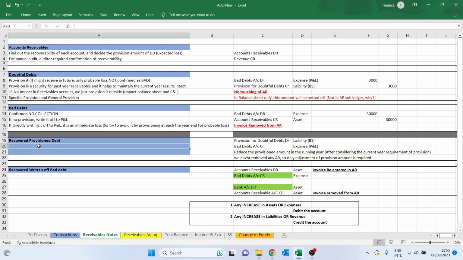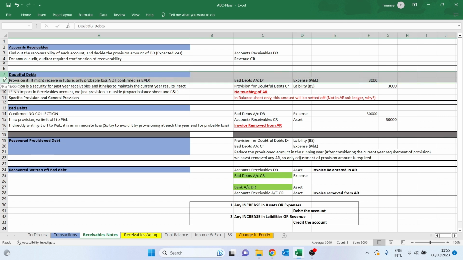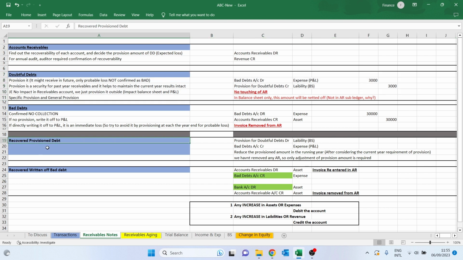The next one is the recovered provisioned bad debt. After providing the provision, in the coming year, after 31st December, which is our year closing, on 1st January or in February, during the very next year, we have recovered the provisioned amount, like this 3,000.